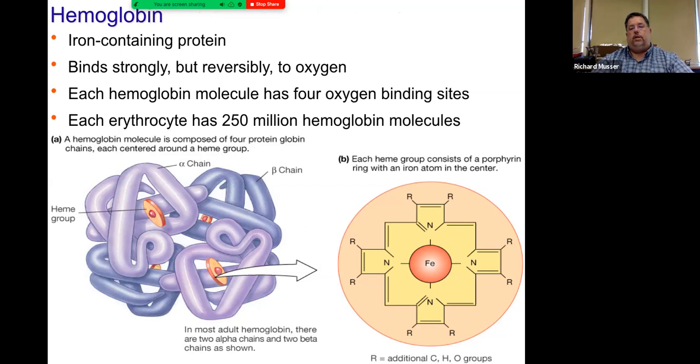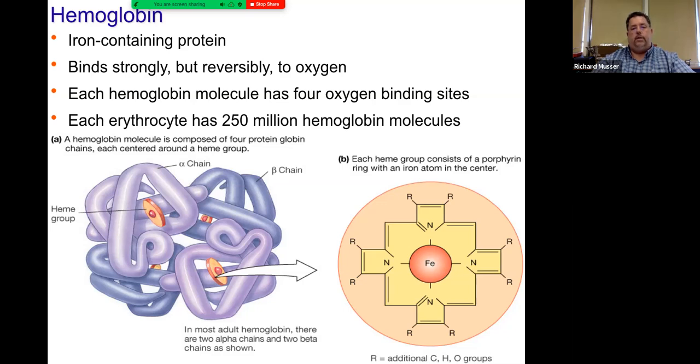The hemoglobin contains an iron structure. So each heme group contains a porphyrin ring with an iron atom in the center. So you can see how the iron is attached to the covalent bonds. Now each hemoglobin actually is made up of 4 molecules. There's an alpha chain, a beta chain, and there's 2 of those that stick to each other. And again, there's an iron with each one of them.